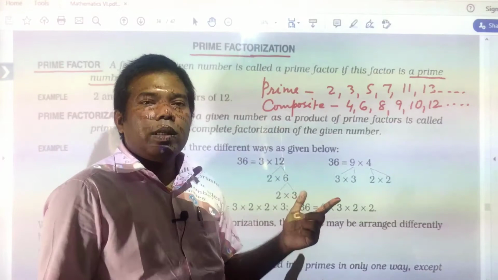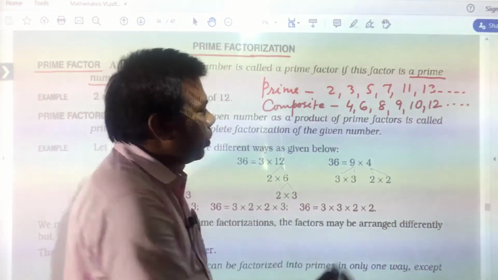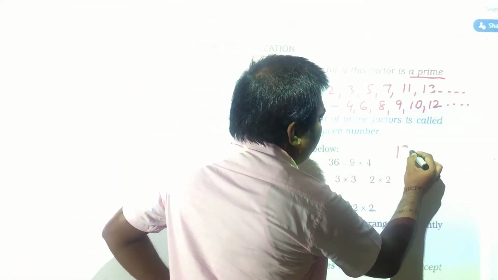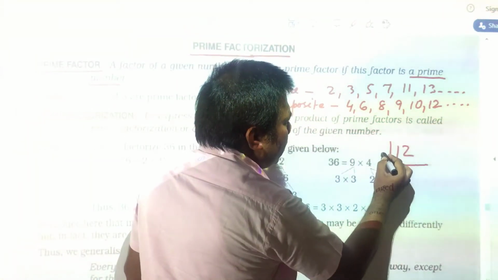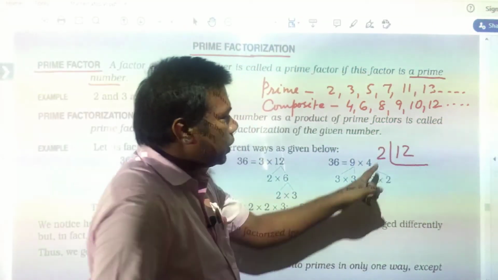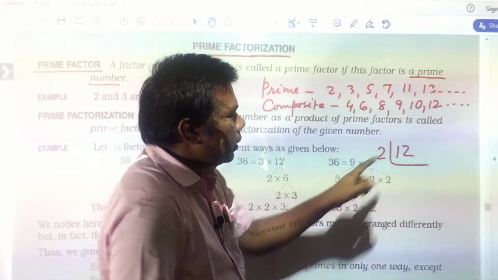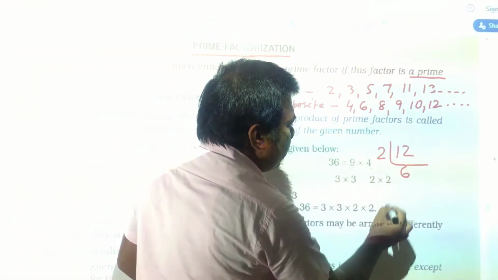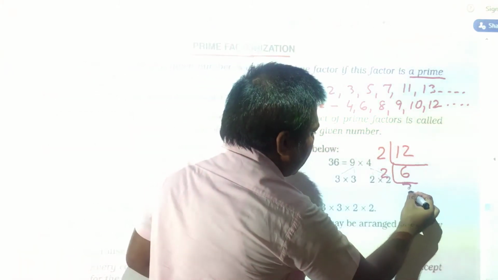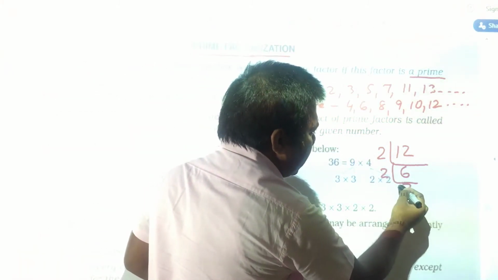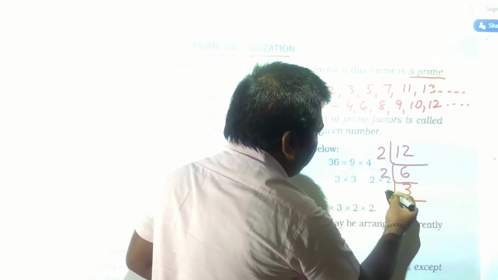Suppose you have 12. If you are factorizing this, what will you get? With prime numbers you start factorizing: 2 sixes are 12, then 2 threes are 6, and 3 ones are 3, that last step is not required, but if you want it can be done.